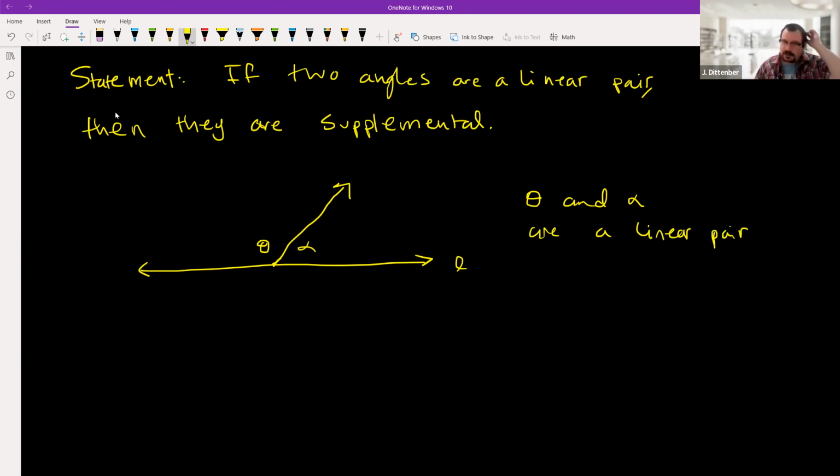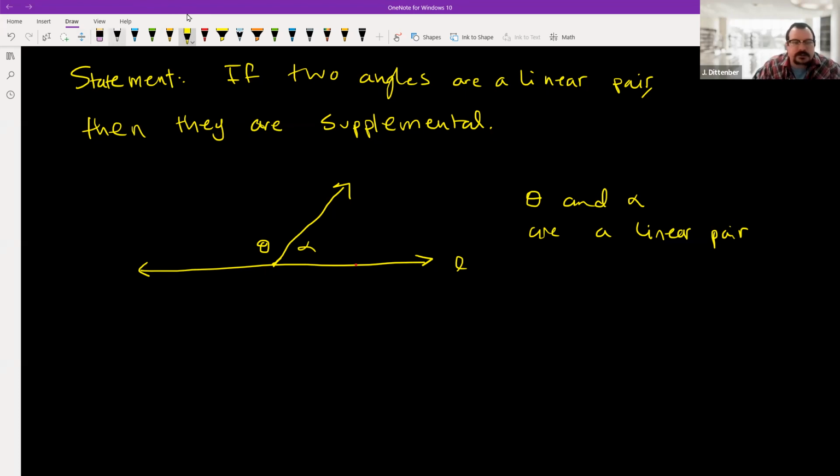If I take this line and move it all the way over to here, that's half of a circle, that's 180 degrees. So the sum of the linear pair will always be 180 degrees. So it is in fact true that they are supplementary.